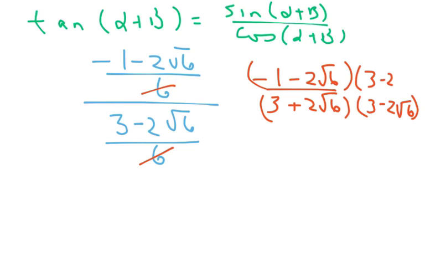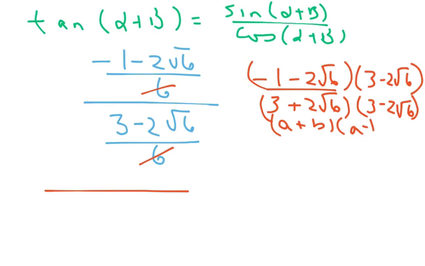Now you're used to doing this, and we know the denominator is of the form a plus b times a minus b, and we should get a squared minus b squared. So we multiply these two, that's 9, minus 2 squared is 4, and root 6 squared is 6. So 4 times 6 is 24.